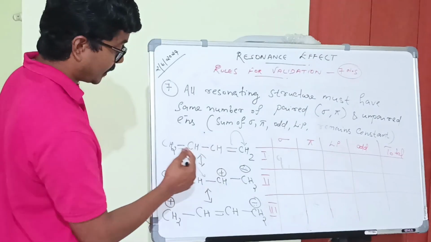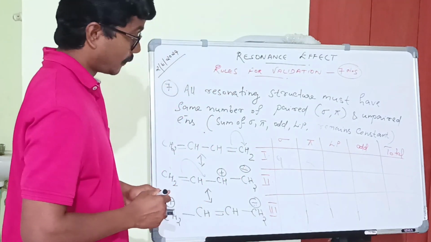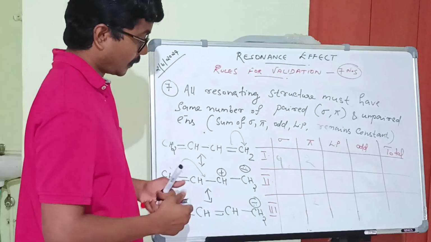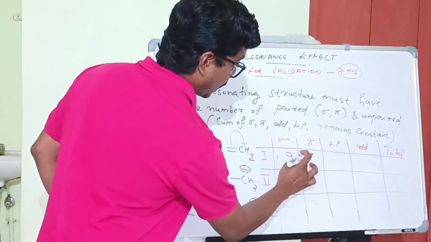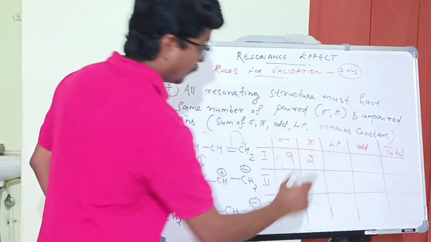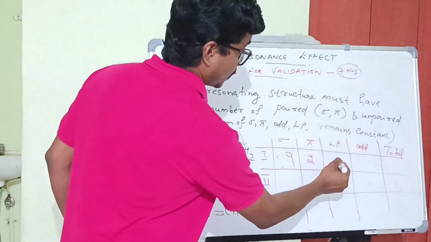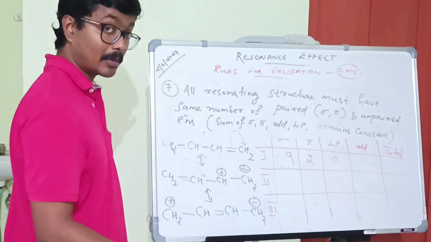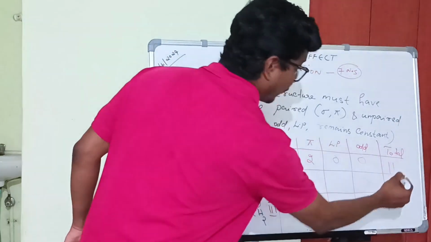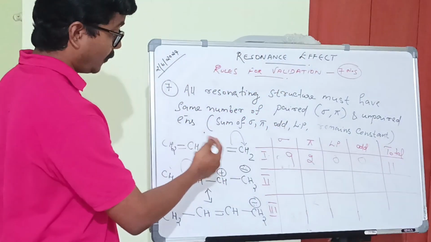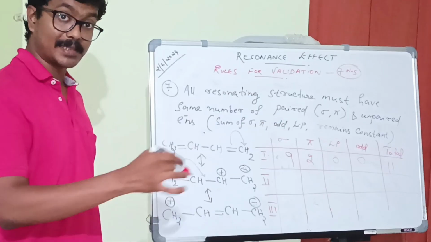How many pi bonds are there? 1 and 2. So here it is 9 and here it is 2. How many lone pairs are there? No lone pair, so 0. No odd electron, no free radical, 0. So the total is 11. So the number of paired and unpaired electrons in the first resonating structure totals 11.